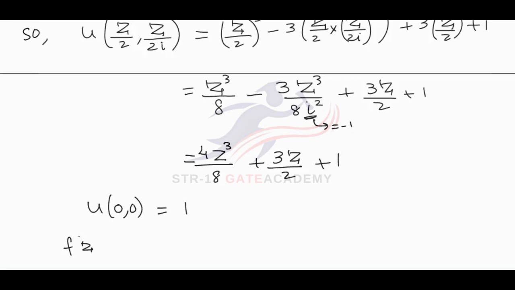So what will be f(z)? f(z) will be z³ plus 3z plus 1 plus c iota, right? Clear? So this is how we can actually get the analytic function back. Clear?